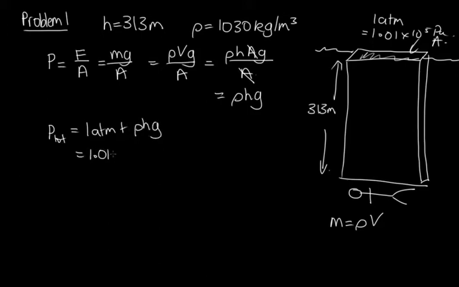We've got 1.01 times 10 to the 5 pascals plus the density of water, which is 1030, times the height, which is 313, times g, the acceleration due to gravity on Earth, which is 9.80. So solving this on the calculator, we end up with 3.26 times 10 to the 6 pascals of pressure.